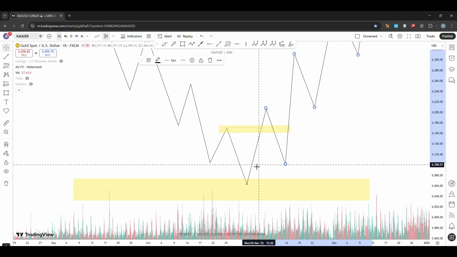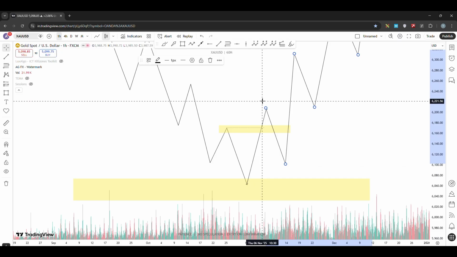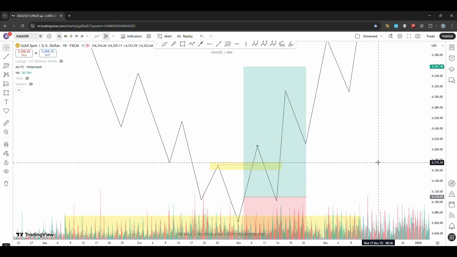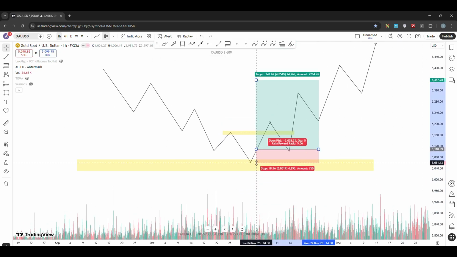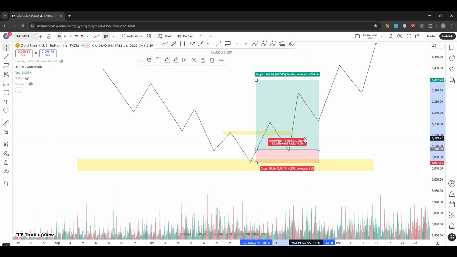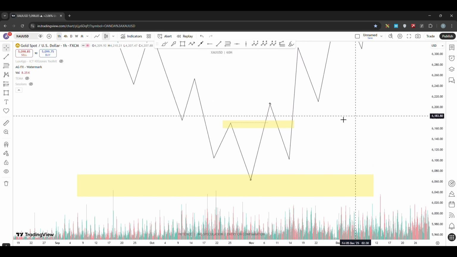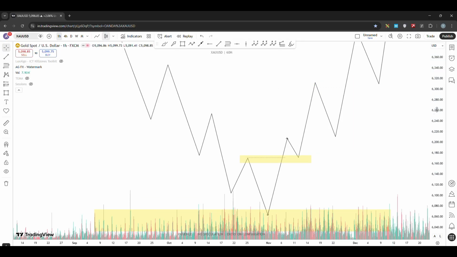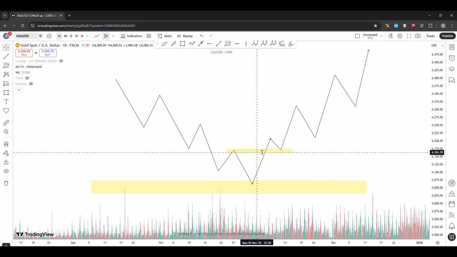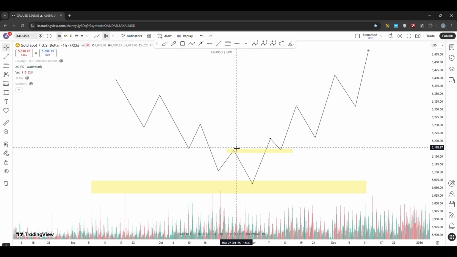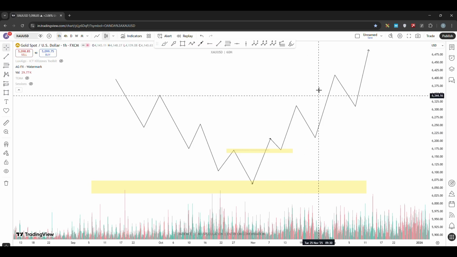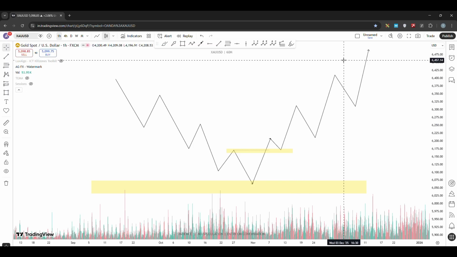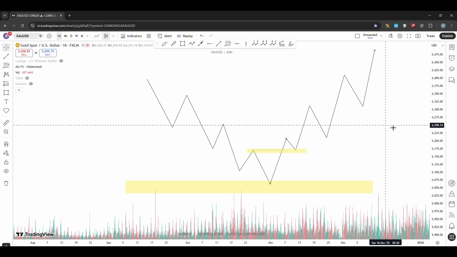You will see sometimes that after giving market structure shift, you are waiting for market to come down, tap into your order block and take your entry from there, but market does not come to your order block. Instead, it just taps into the last breakout level, and from there it starts pushing higher. So this is what a breaker block is, which helps to reverse the trend, and then market reverses and changes its direction and starts a new trend.